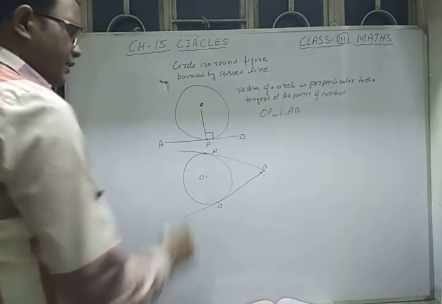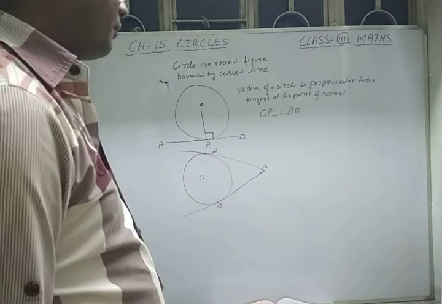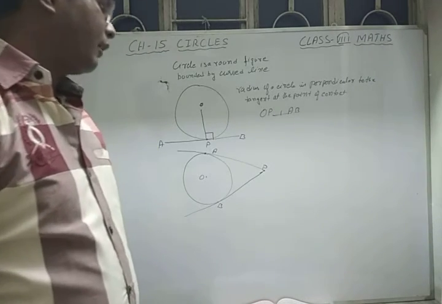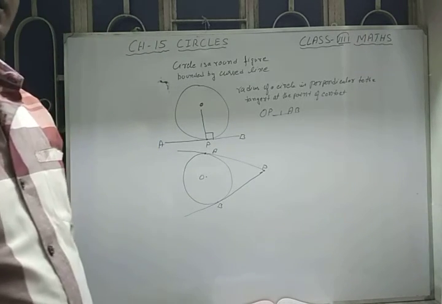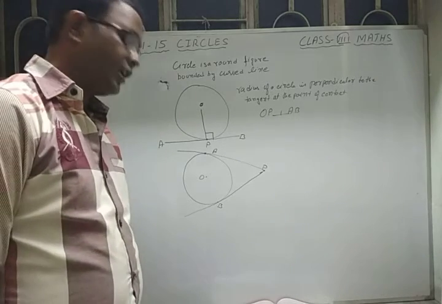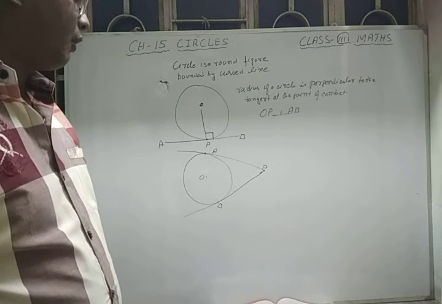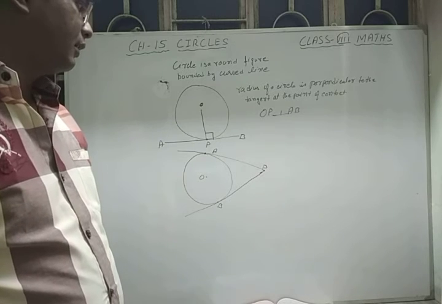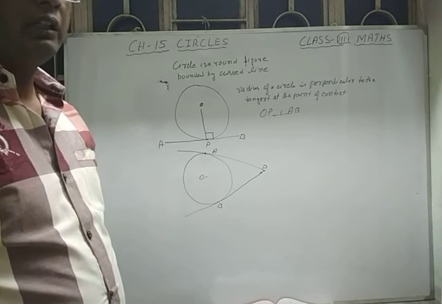Then the theorem says the tangents drawn from an exterior point of a circle are equal in length.